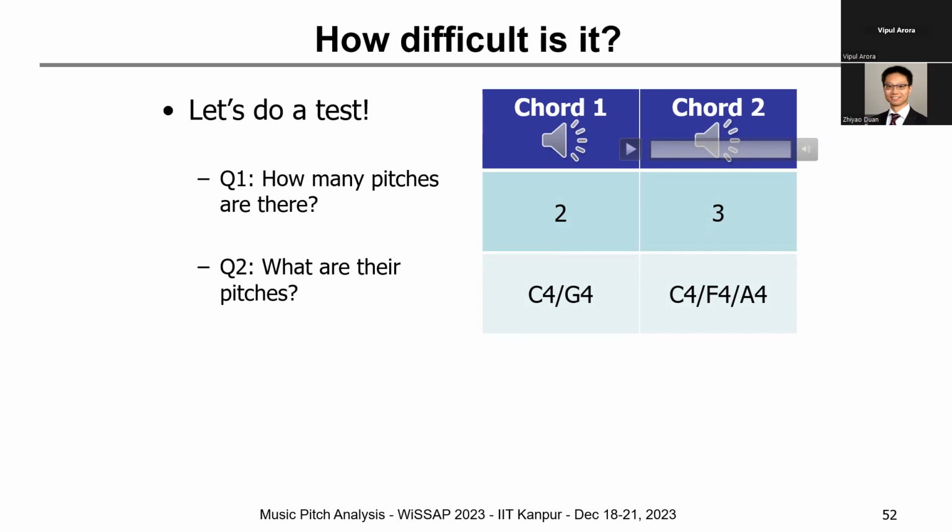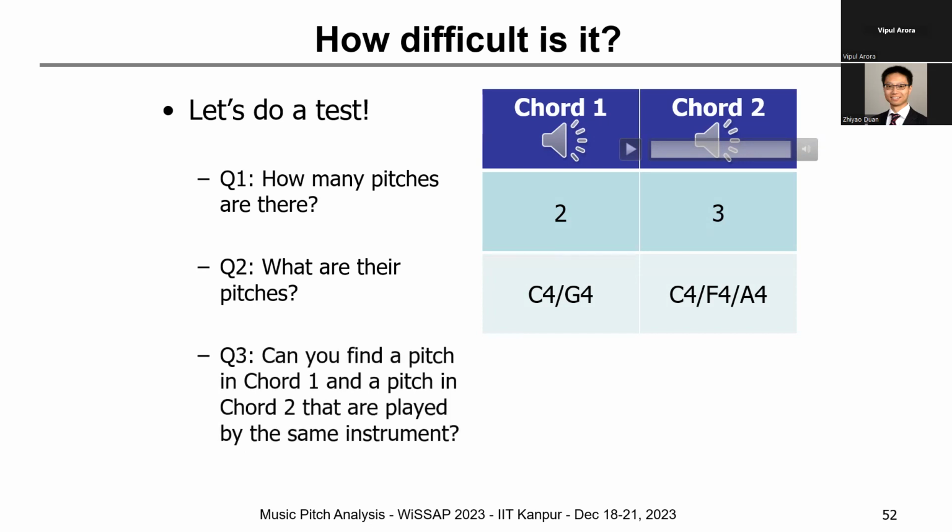But the killer question here is, can you find a pitch in the first chord and a pitch in the second chord that are played by the same instrument? This is a stream segregation problem, or sequential grouping in auditory scene analysis. Let's listen to them again.